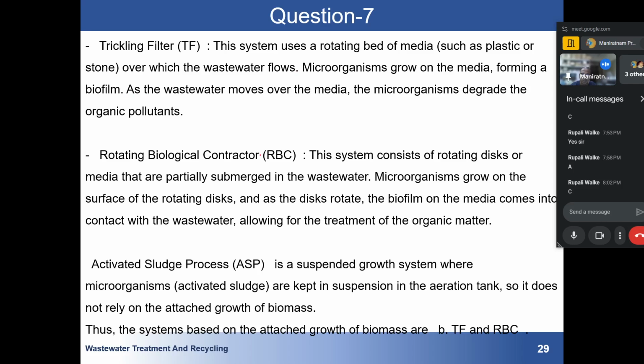No, not a rotating bed. There is no rotating. Simple bed is there. I think I have written it incorrectly. Now, let me show you the picture of this trickling filter.